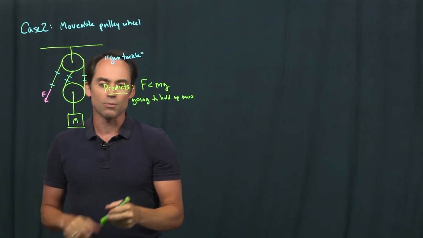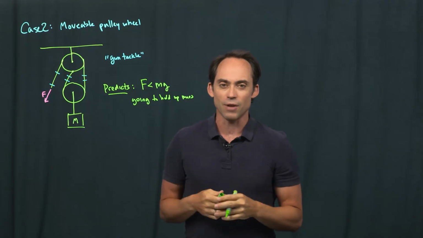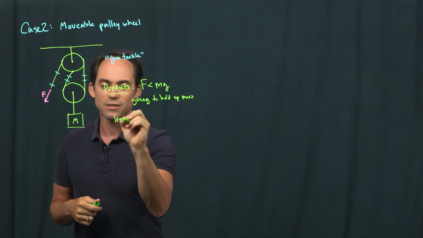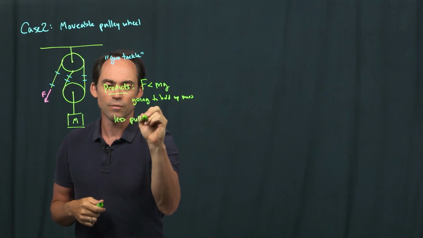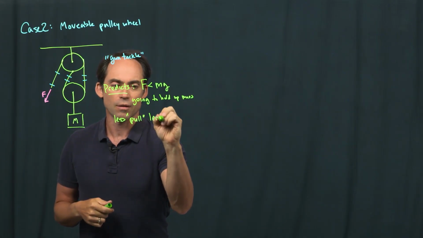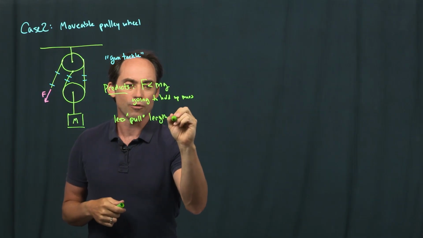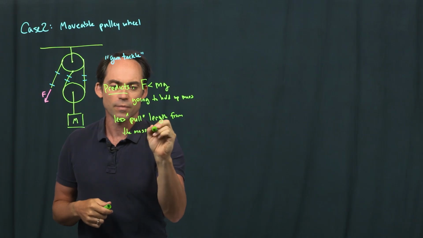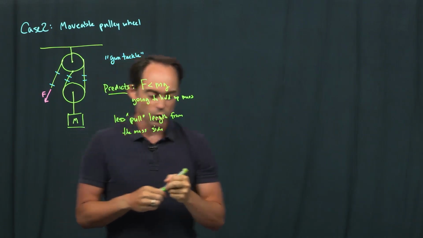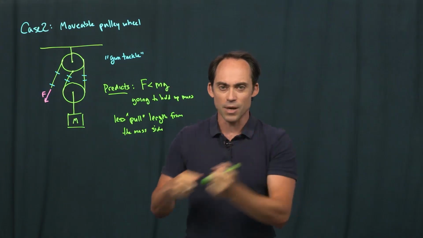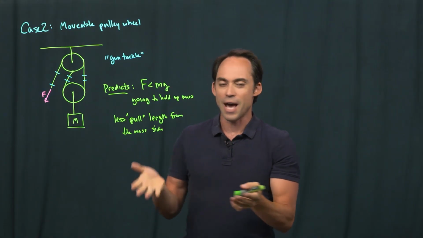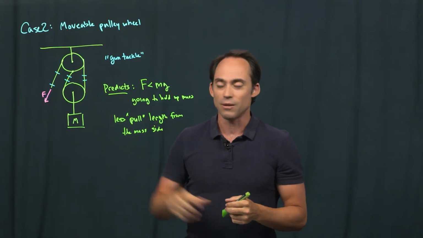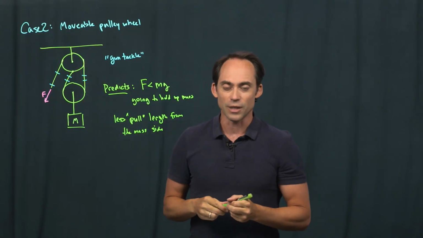And so the other prediction about this is that while it may convey a mechanical advantage, we're also going to get less pull length from the mass side. So as I pull, say, a meter on this end of the string, the mass should only go by half of that, because that string length is being shared across that pulley.